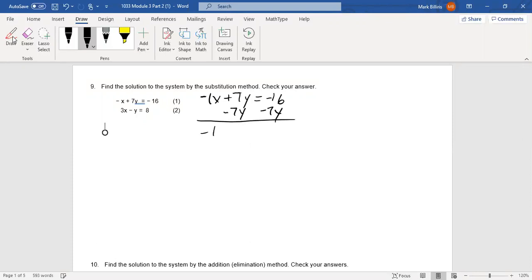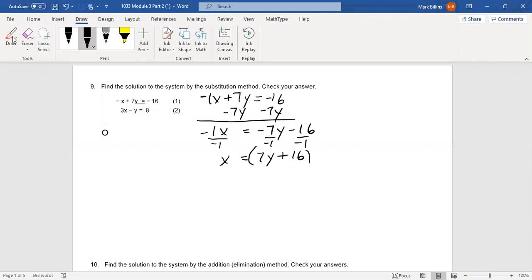That gives me negative 1x equals negative 7y minus 16. And then I divide each term by a negative 1. So this gives me x equals 7y plus 16. I'm going to put that inside parentheses.